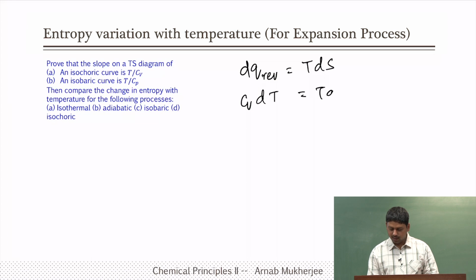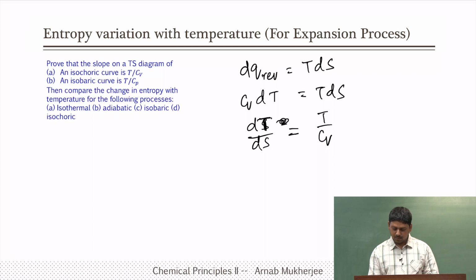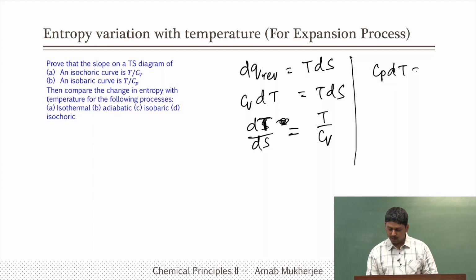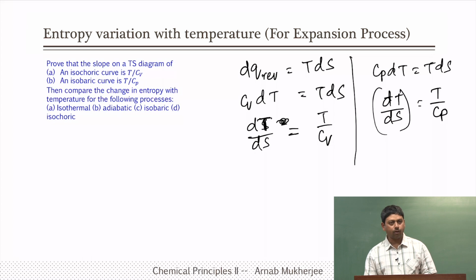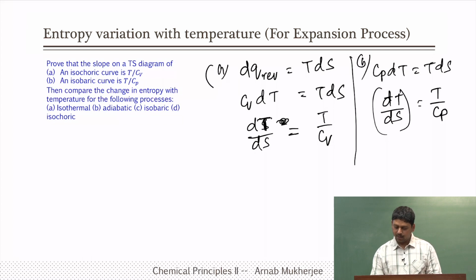So, Cv dT is Tds, or dT by ds is T by Cv. So, that is proven, and similarly Cp dT is Tds for an isobaric process. So, dT by ds is T by Cp. So, this is A and this is B, proof of A and B.